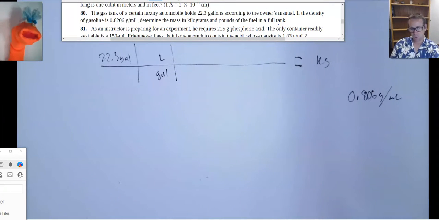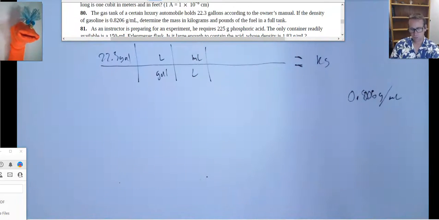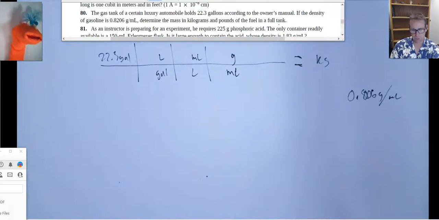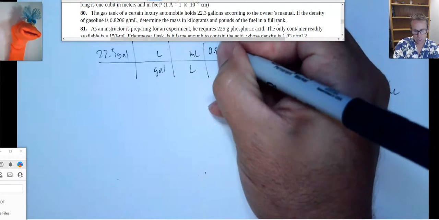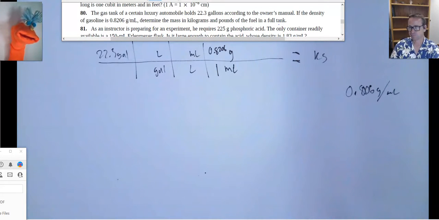Then liters to milliliters, and then milliliters to grams. How do you go from milliliters to grams? Well, that's what the density says, 0.8206 grams for every 1 milliliter.